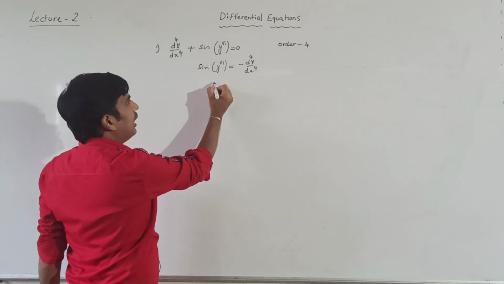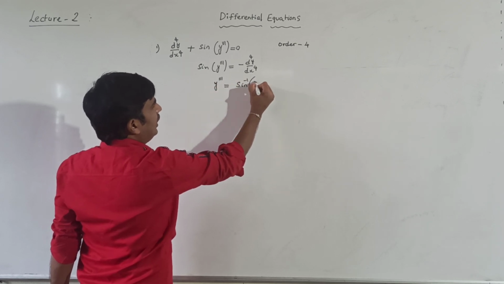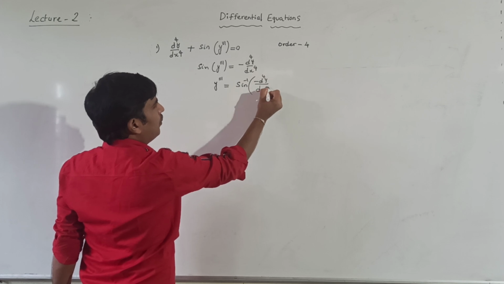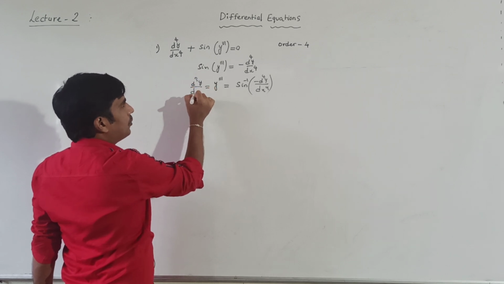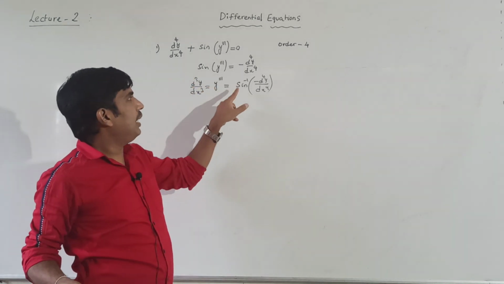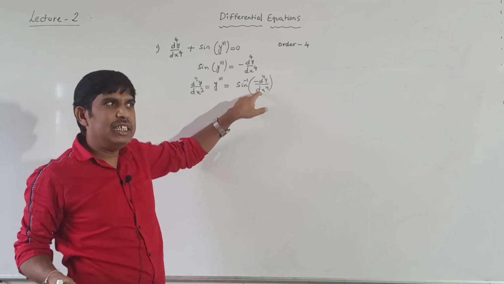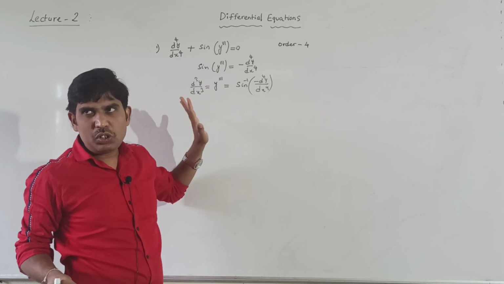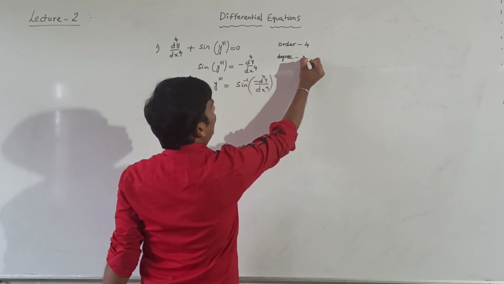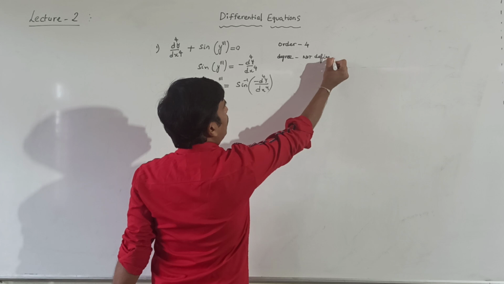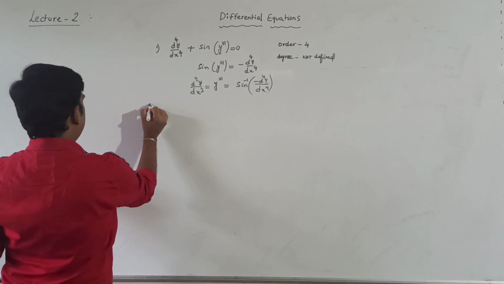If you eliminate this transcendental function, y triple dash is equals to sin inverse of minus d power 4 y by dx power 4. Again this is an inverse trigonometric function, again a transcendental function, and it again includes derivatives. Understood? Therefore degree is not defined, but order is 4.